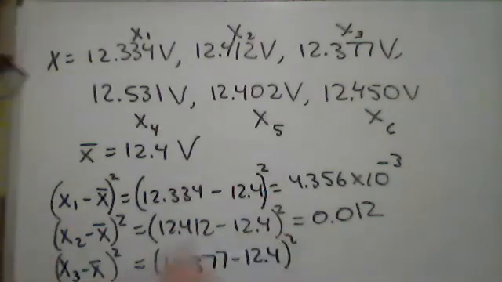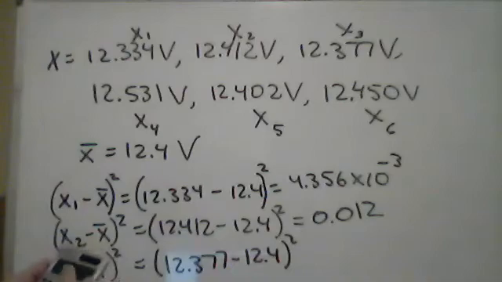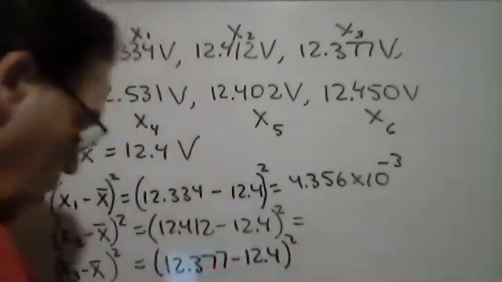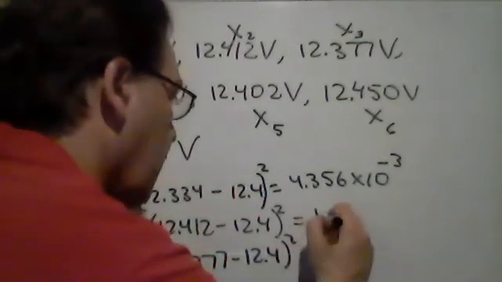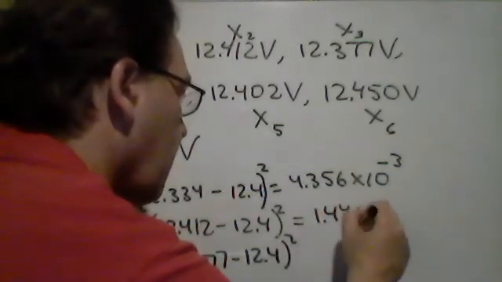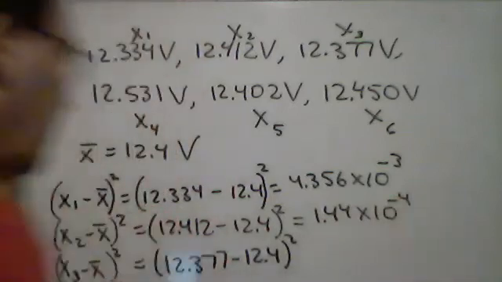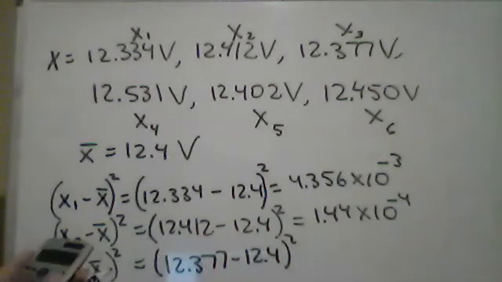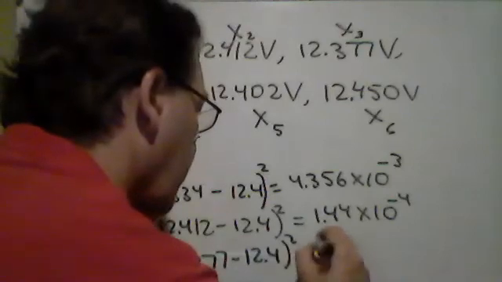I made a mistake here. 0.012 squared, I got to square it. Sorry about that. 1.44 times 10 to the -4. These are square deviations. All right. 12.377 minus 12.4 squared, 5.29 times 10 to the -4.